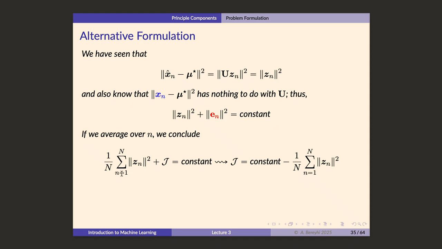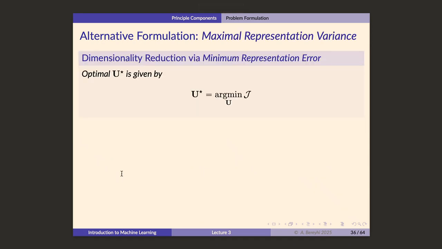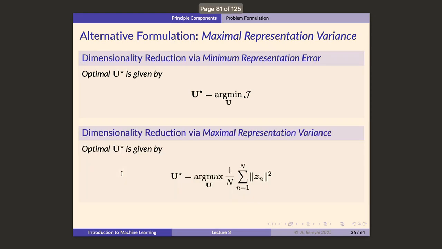Everybody's clear? So this is something that when you open up any textbook, they usually start with. They don't say that we want to do representation error minimization. They basically say that we want to maximize the variance of the representation, or the variance of the latent space. And what is the variance of the latent space? This term that I showed here, the average of Zn squared. And why do we need to maximize it?